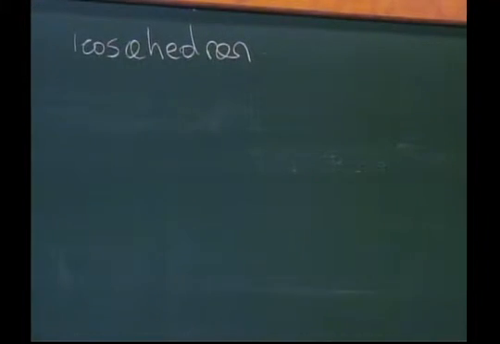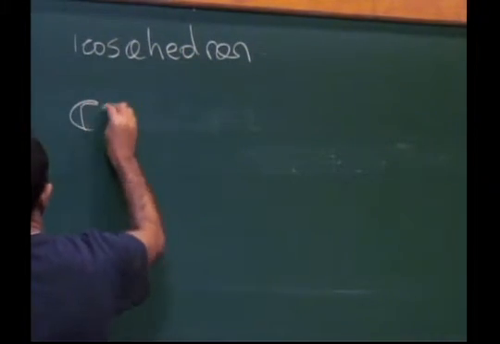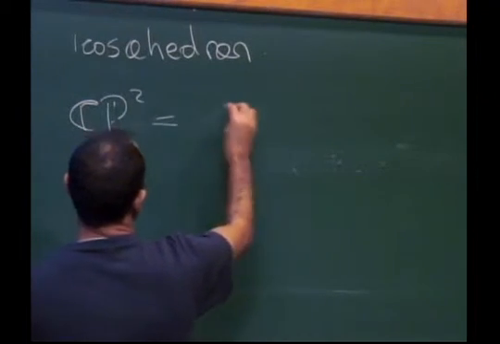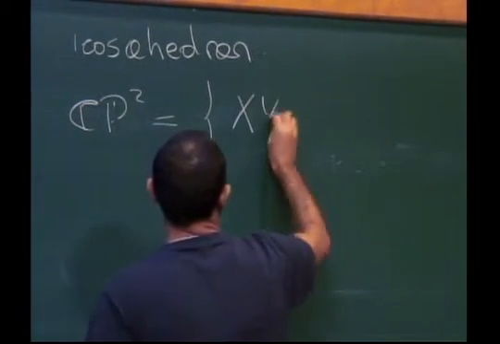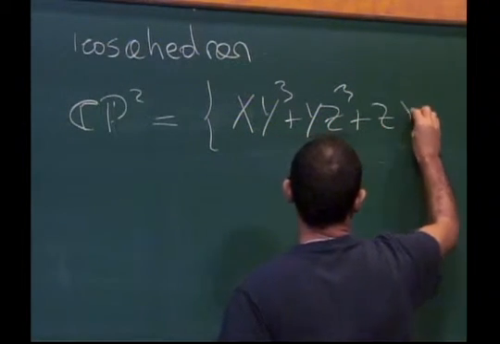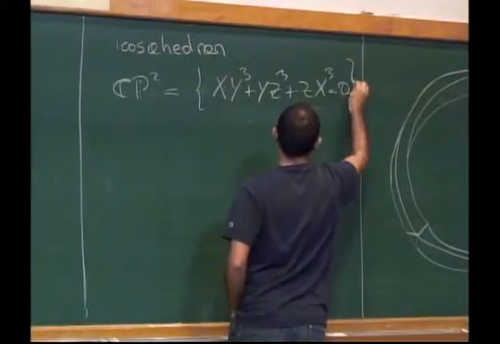Right, so that there is a tessellation of a curve inside of CP2. So inside of CP2, we take the zeros of the following polynomial: X cubed is equal to 0, I guess.